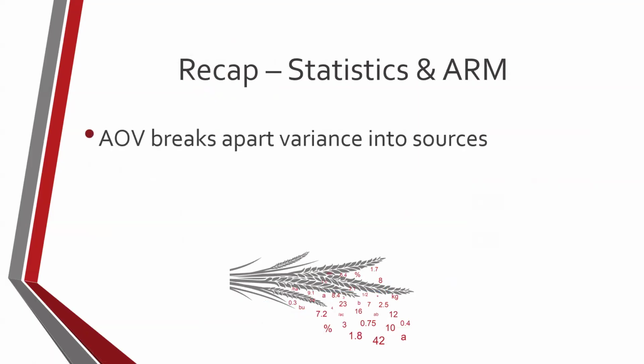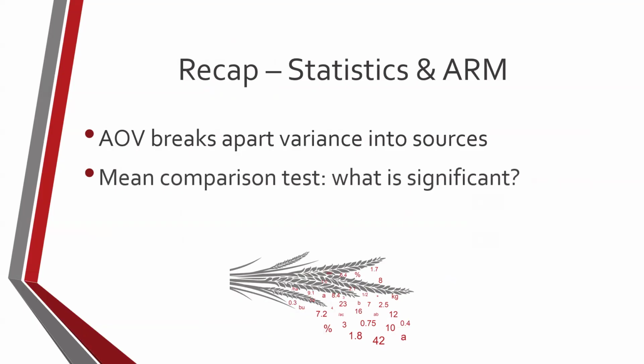So in summary, we looked at the AOV analysis. It's all about breaking apart the variance that we have in our observations into different sources. And we get this p-value probability in the end. We then perform a mean comparison test to determine which of those treatment means are significant.